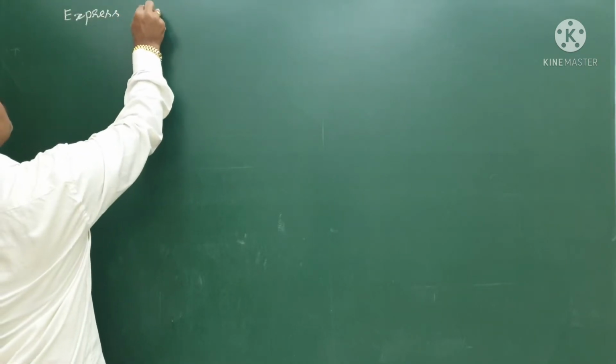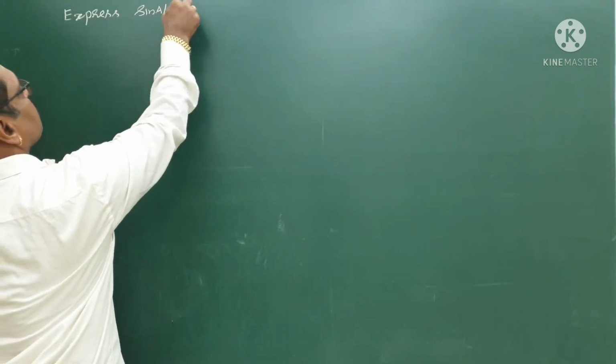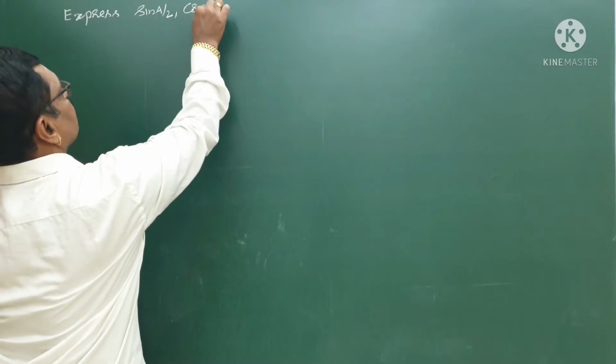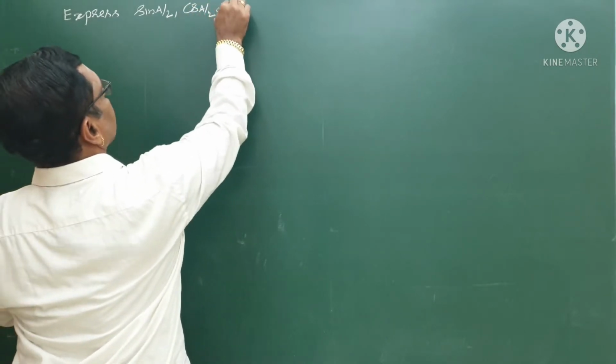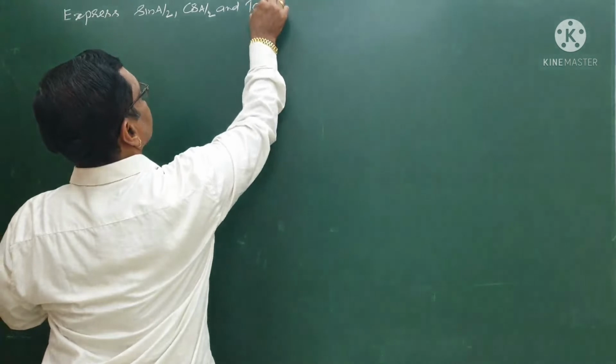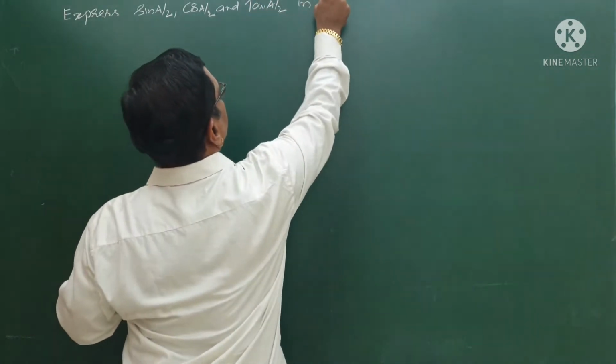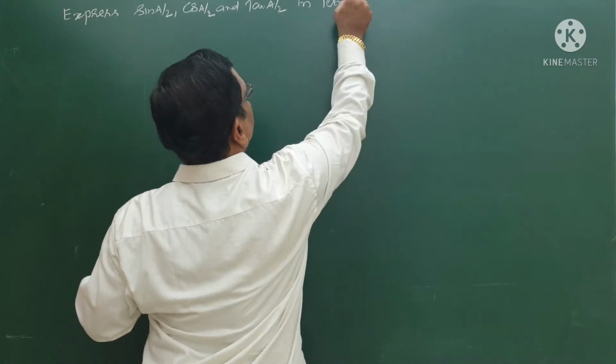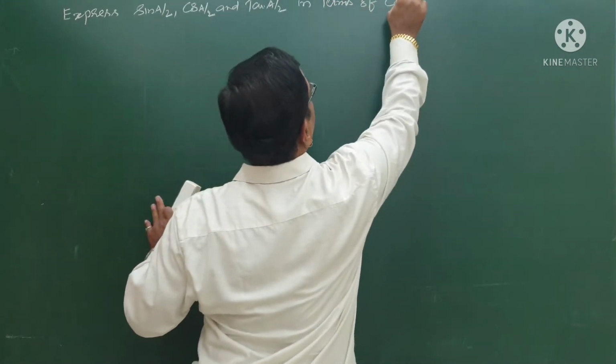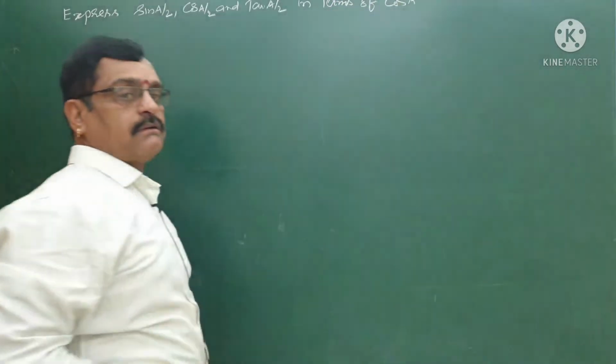Now sin a by 2, cos a by 2 and tan a by 2 in terms of cos a is our next target.